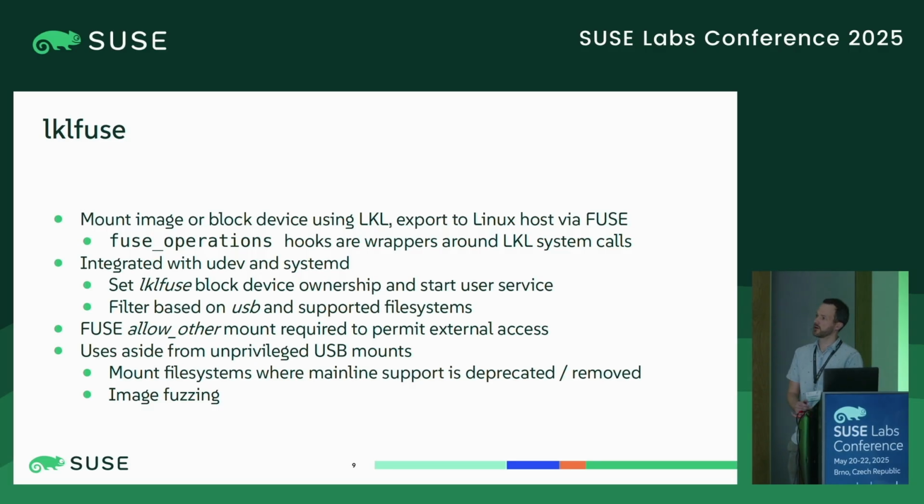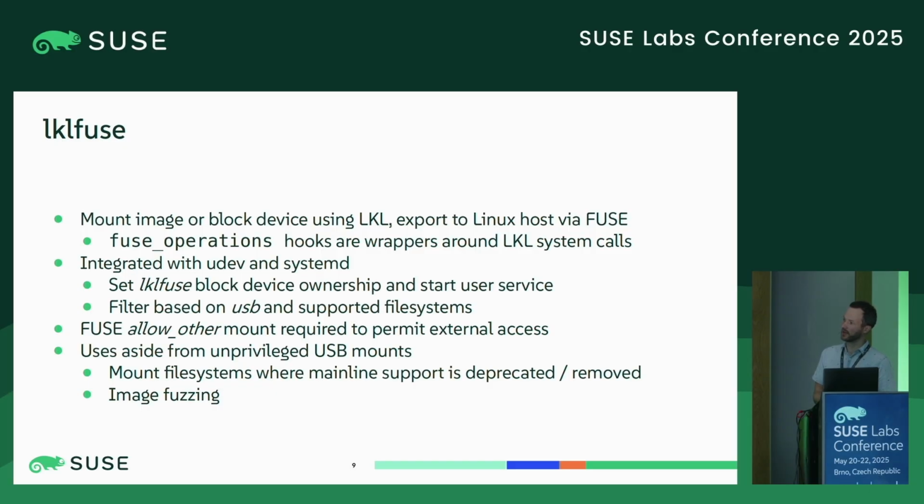And then with lklfuse, you've already seen what it does. We can mount using those file system drivers within lkl. It's built atop libfuse 3, and the fuse operations are just direct calls into lkl. As you saw, at least on openSUSE, we integrate it with udev and systemd.